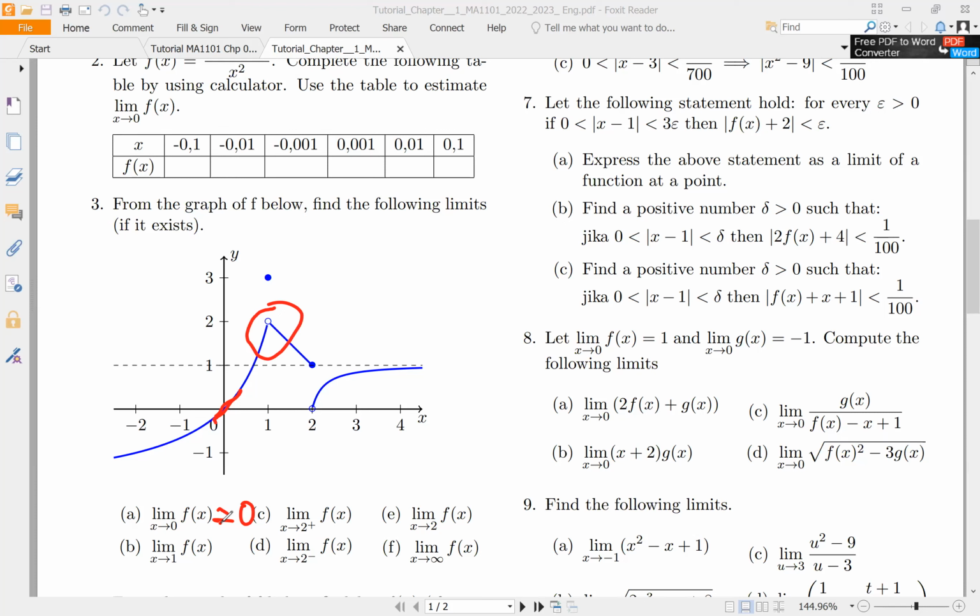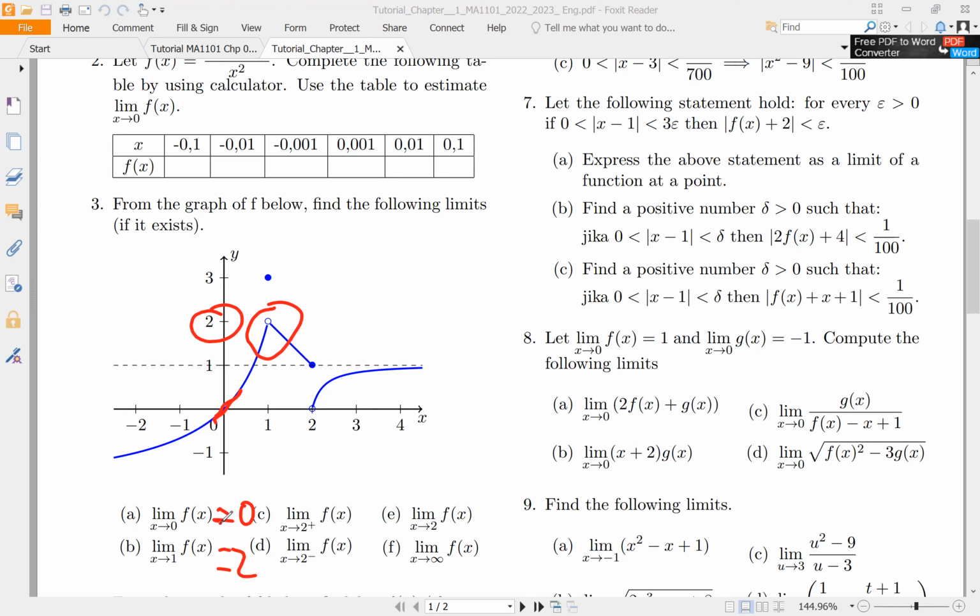You'll see that as x approaches 1, the value of f(x) approaches 2. So that's why the limit here is equal to 2. So that's part B. Now part C and D, because they are related.